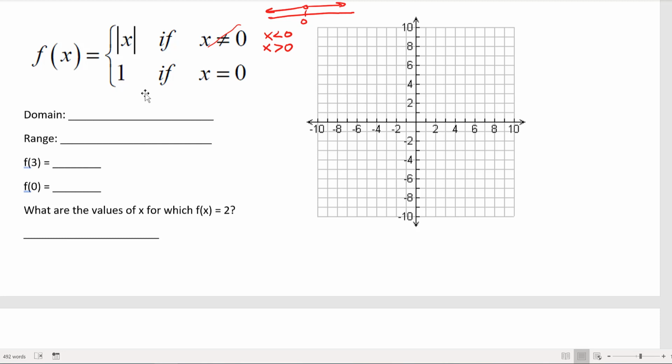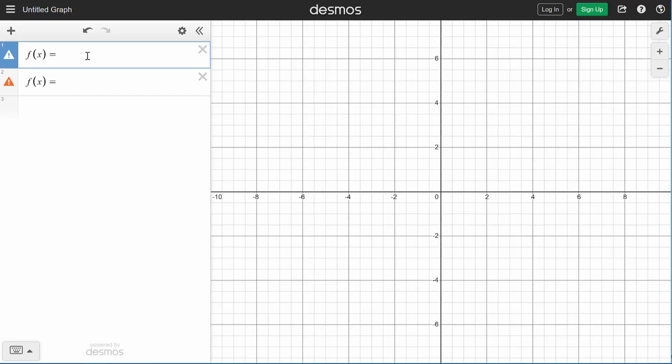So when I come over to Desmos, the other thing I want to mention is when you're typing in the absolute value, the way we do that is ABS parentheses x, and that's how you type in absolute value. So I'm going to come over here and type ABS parentheses x, and then space my braces.